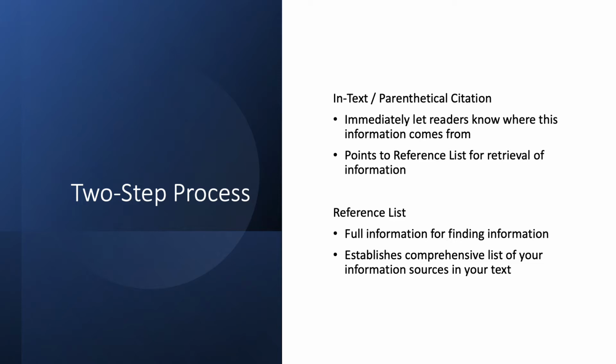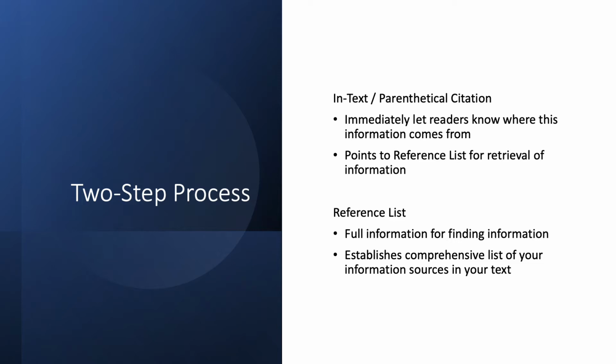The full reference list includes full references, lots more information about each and every source that you're citing in your paper. And it's where your readers will find enough information that they can actually get back to that original source. So the in-text citation quickly lets them know basically where you got the information, and it gives them an ability to find more information that will let them find the actual source in the reference list.